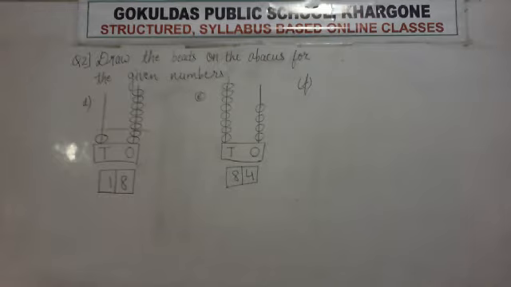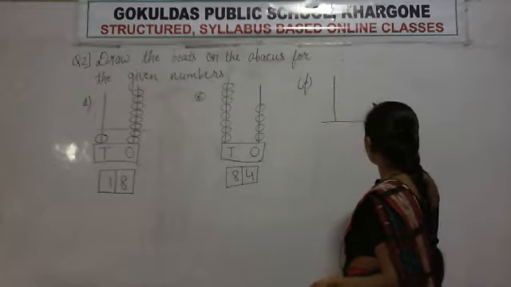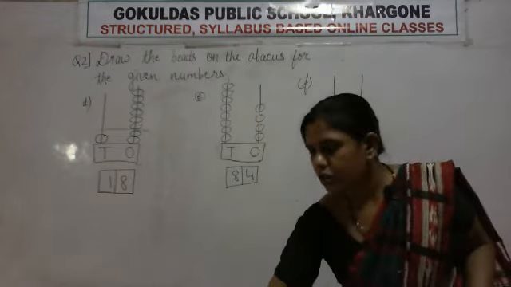Now the next question, that is F. First draw the abacus and draw a straight line.